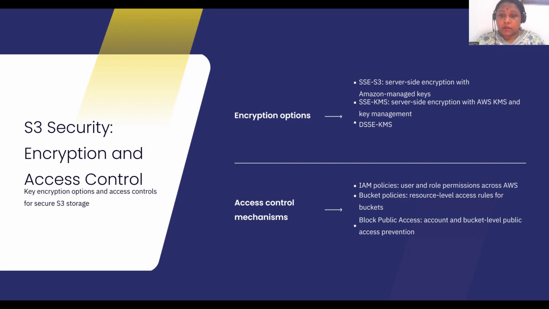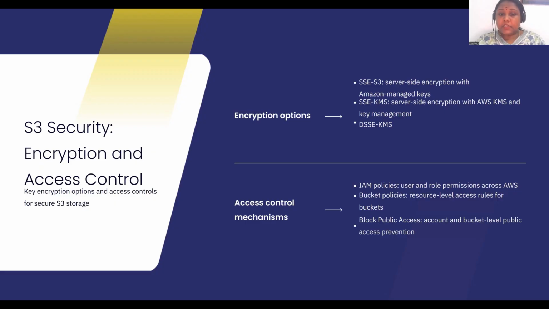It encrypts data twice using two separate KMS keys. It is designed for highly regulated environments that require an additional layer of cryptographic protection. Together, these options allow you to choose the right balance between simplicity, control, and compliance.